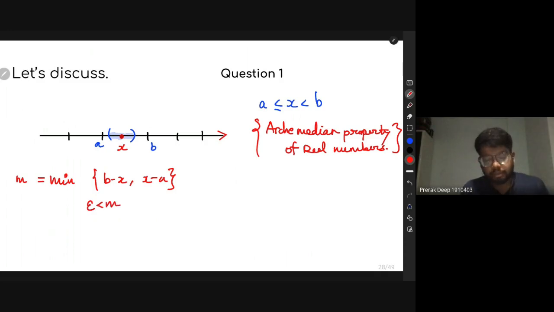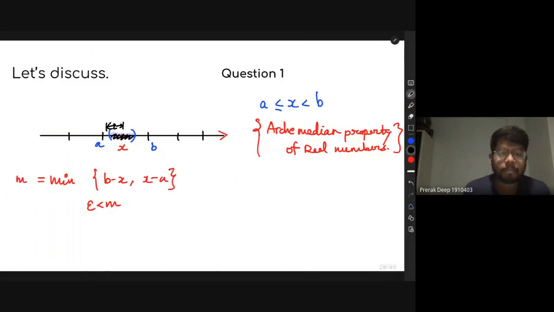If I do that, I will get a smaller neighborhood of this thing, like this. This is my epsilon neighborhood, which does not contain any integer.